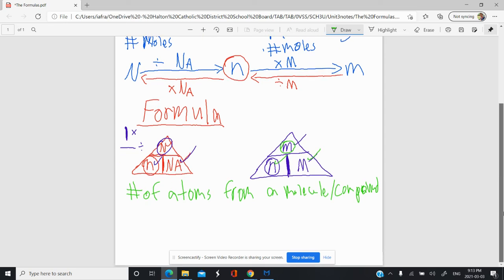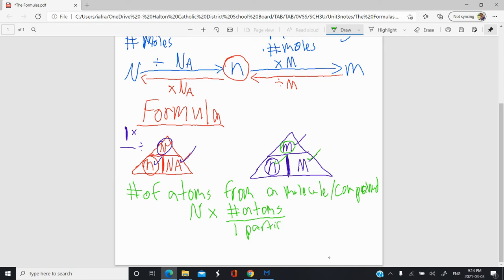So what you do there is it's not so much a formula, it's more a conversion factor. You simply do your number of particles multiplied by the number of atoms in one of those particles, or one of those compounds.